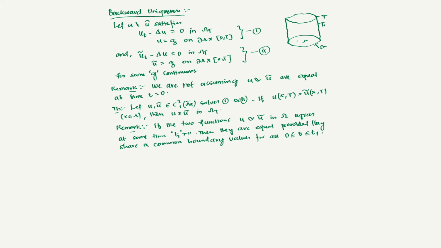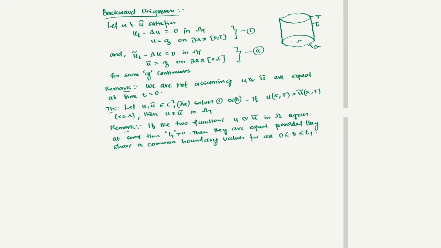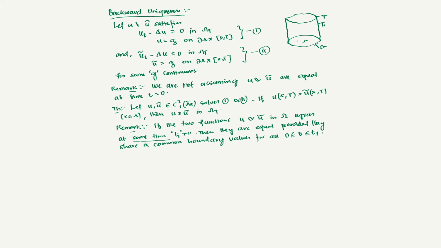So here what it is saying is, if it is same at some point, and this is important, then they are equal. Of course the boundary condition has to be equal for all t less than t1.